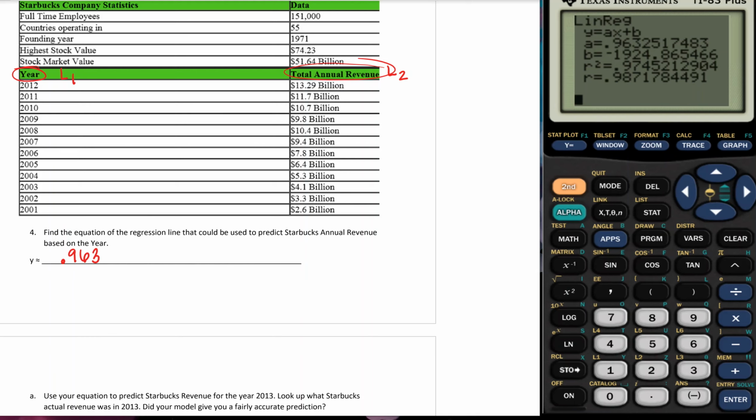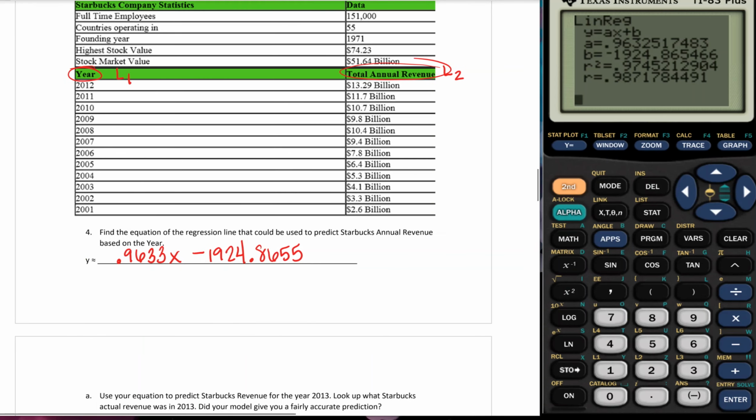So I would give 0.9633x minus 19.24. That's not a 0.24, 19.24. I would put 8655. Okay, so I like accuracy. I do more decimal places. You might have an instructor that just says go ahead and do 2 decimal places.